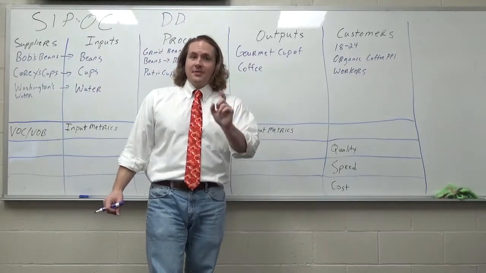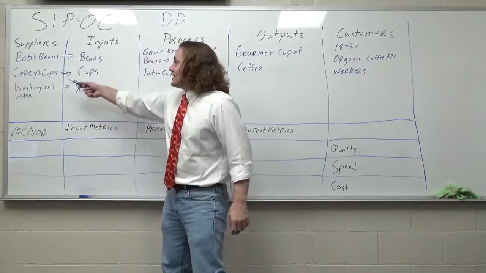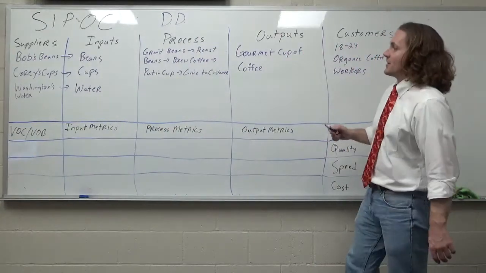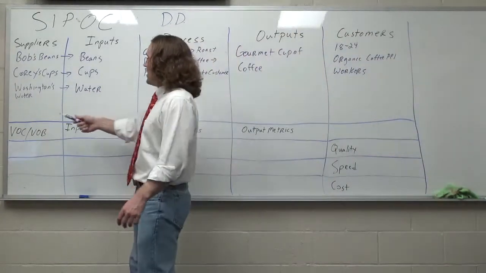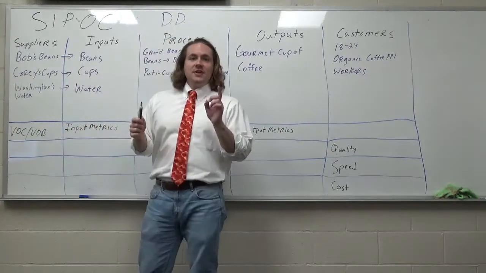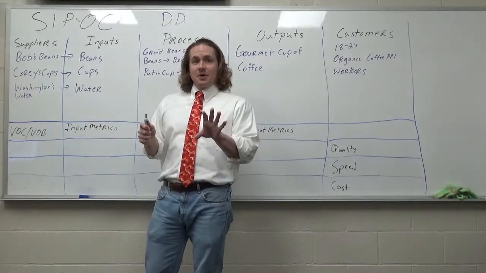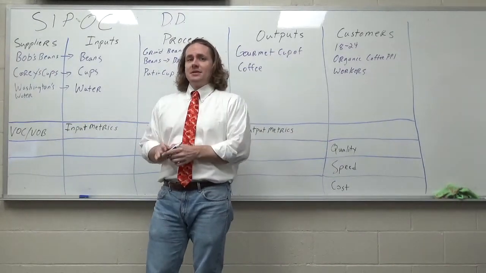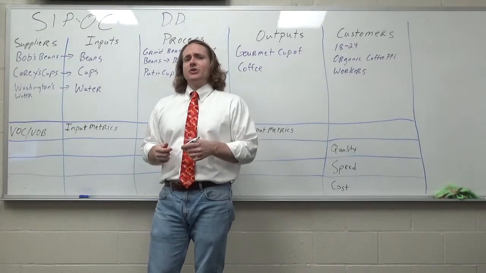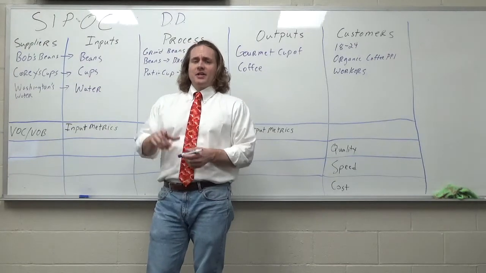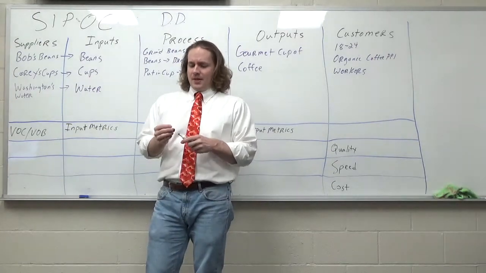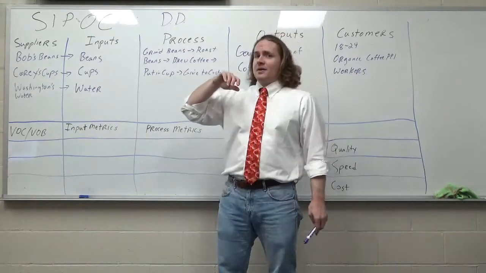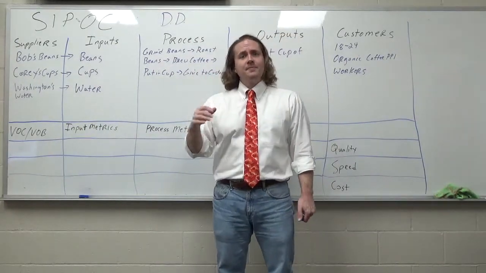Now, we're going to fill out the bottom of the diagram. And you notice each of these matches with what's going on right up above. So the first thing we're going to do is look at the bottom, and we've got VOC/VOB. Voice of the customer, voice of the business. Voice of the customer, all that means is something that you're doing that the customer is willing to pay a little extra for. So let's give an example with our Diamond Dollars Coffee Shop.